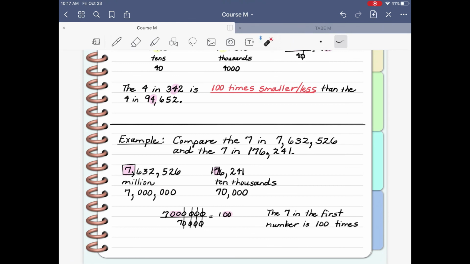Let me make sure you're with me. Right here, the first number is bigger. So it is 100 times bigger than the 7 in the second number. So we are comparing place values.